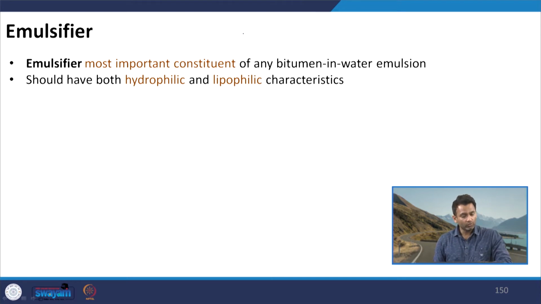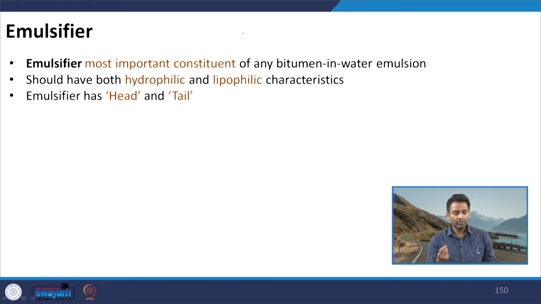One of the requirements of this emulsifier is that, because it will be dispersed in the oil and water system, it should have characteristics which are both hydrophilic, which means water loving, as well as lipophilic, which means oil loving, so that it can have bonding both with bitumen particles and also with the aqueous or water medium. So, emulsifier can be imagined as a chemical particle which has a head and a tail. Alright. So, we have a head and we have a tail.